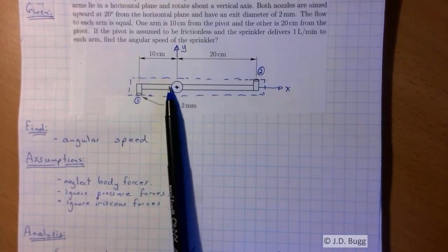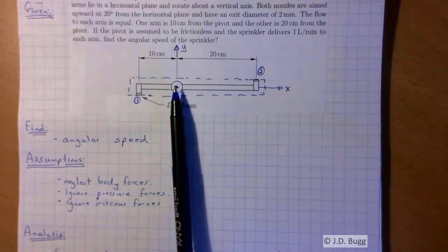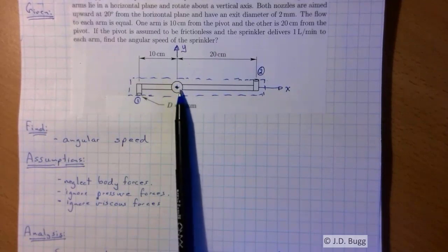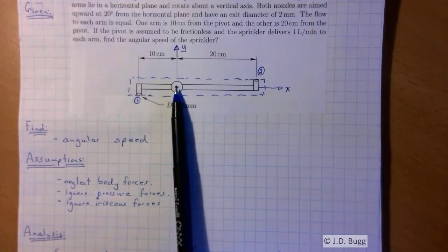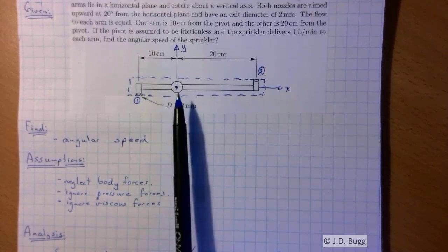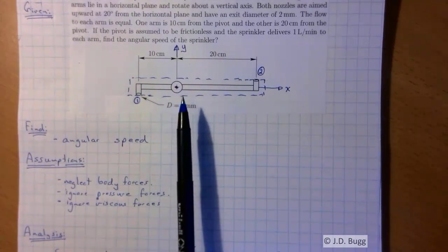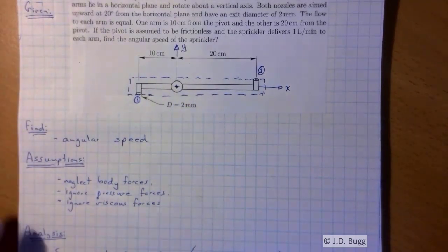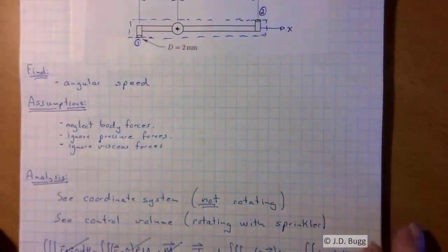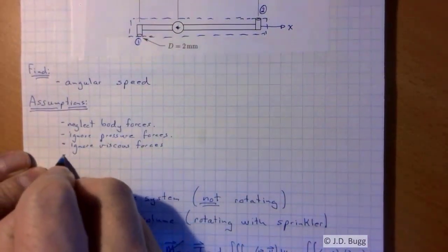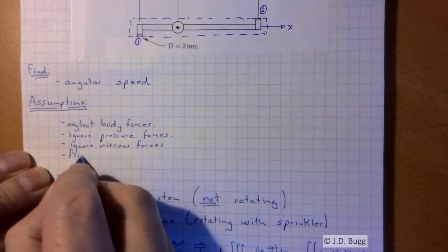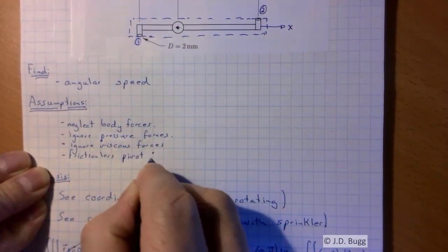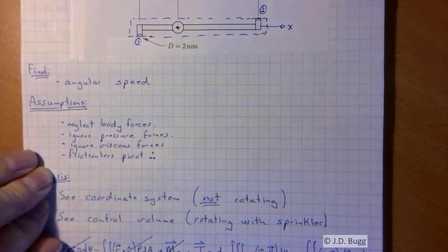Okay, so this is free to rotate with no friction, so there's no reaction torque in the Z direction. So we can actually ignore that reaction torque as well. Okay, so we'll put in our assumption list, frictionless pivot. Therefore, ignore the reaction torque.